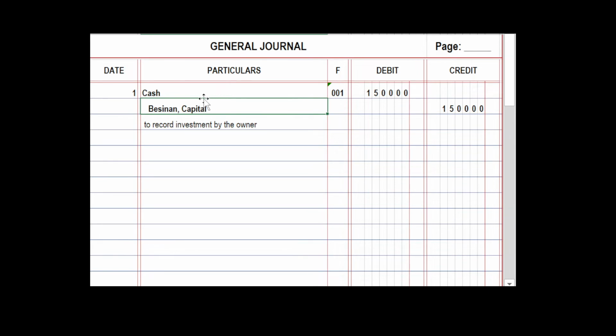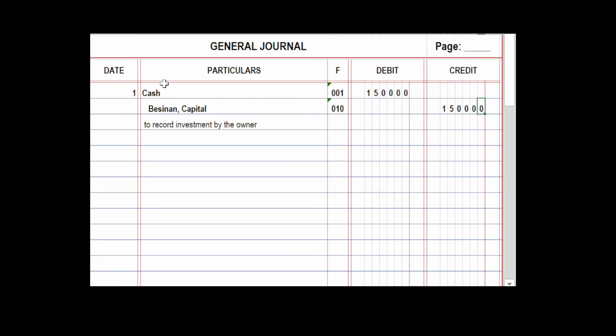Again, pag nag-entry tayo, dapat meron tayong space before natin ilagay yung credit. And then, lagay natin yung kanyang code. And then, dito sa credit, 150,000. Make sure na hindi kayo nalilito pag naglalagay ng amount.